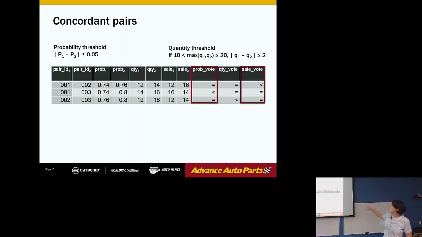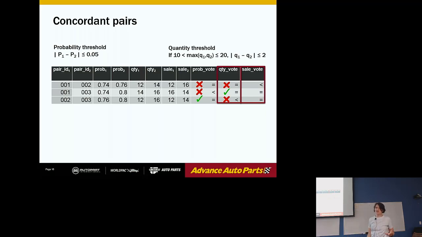When the votes are equal, we call that a concordant peer. Now we can also compare the quantity vote: the first one is not concordant, the second one is concordant, both equal, and the last one is not concordant.